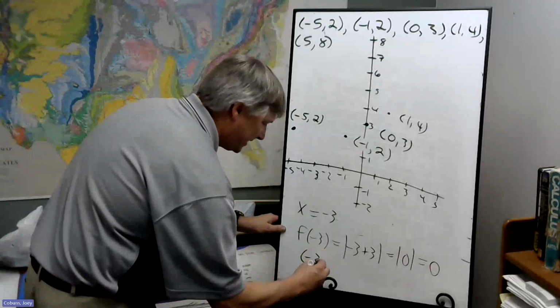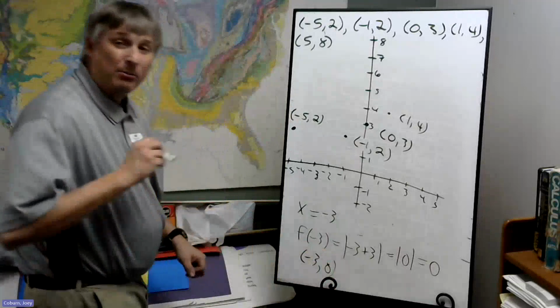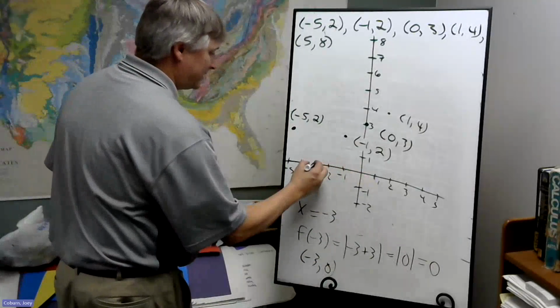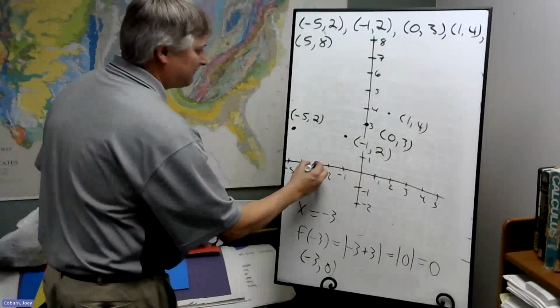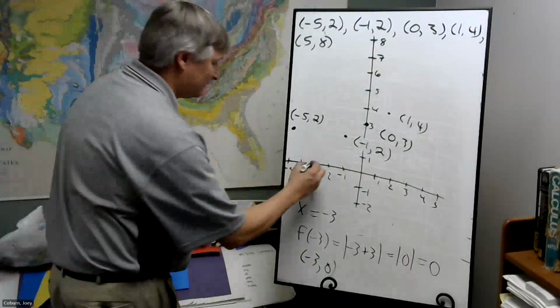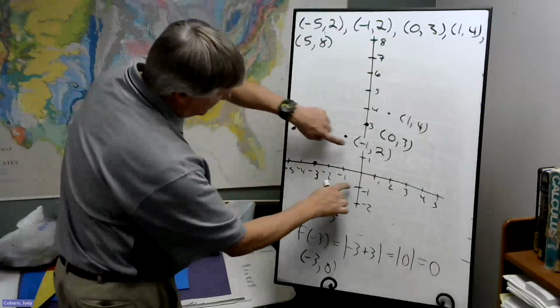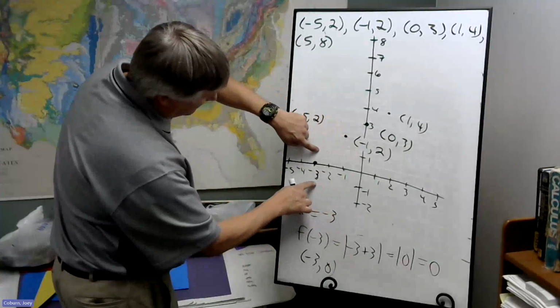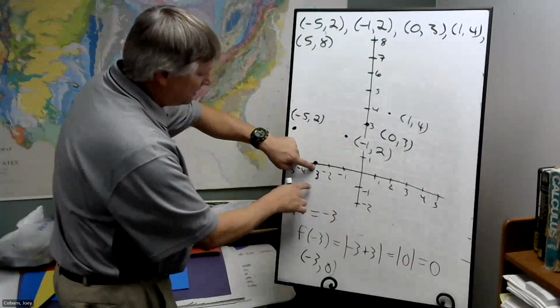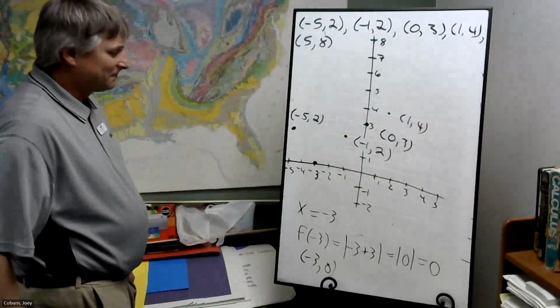So we have input negative 3, output 0. So that means jump out to the negative 3, but then vertically we have 0. This actually means we don't go anywhere. So we'll stay here because in the vertical locations, here's 1, here's negative 1, and 0 is going to be right between on the axis.